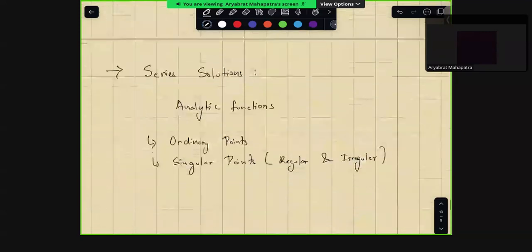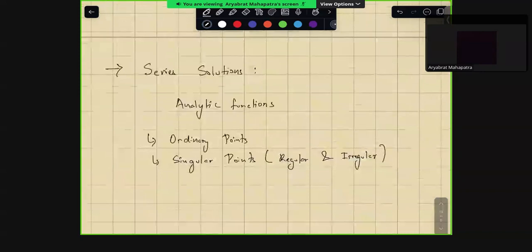For ordinary points, we tried to solve ordinary differential equations using the power series method.